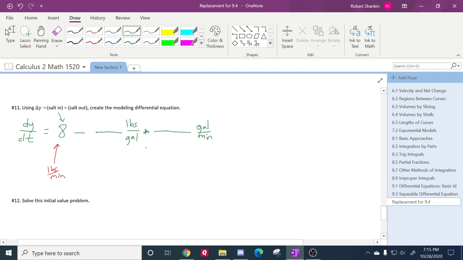So now we can see that the gallons would cancel out, and we'd get pounds per minute, just like this 8. 8 pounds per minute here, and so this, same thing.